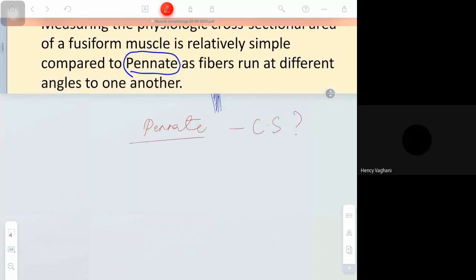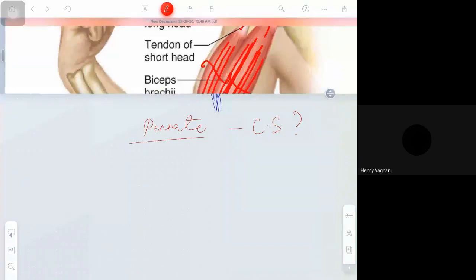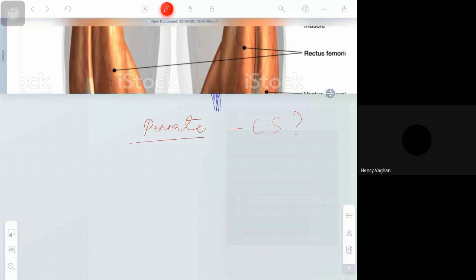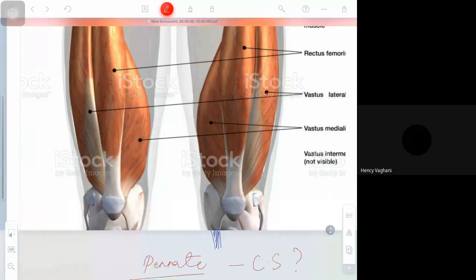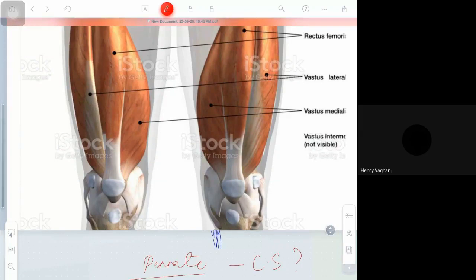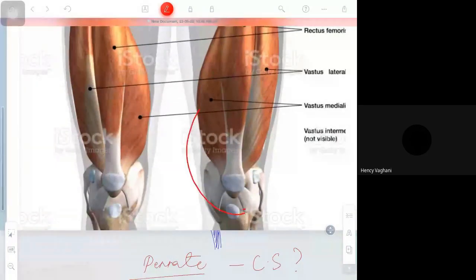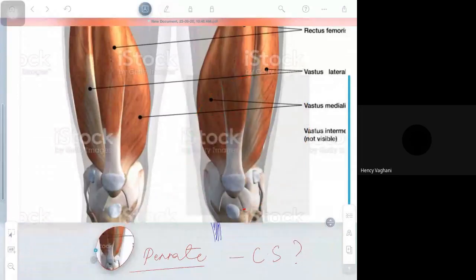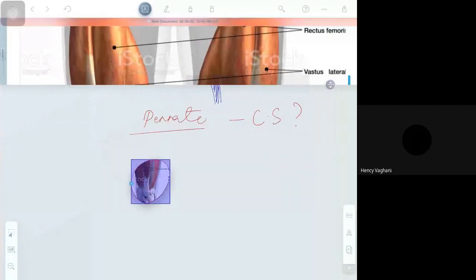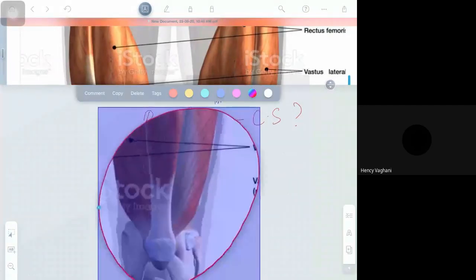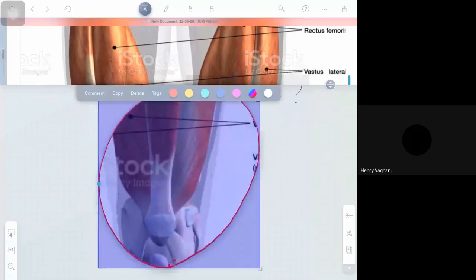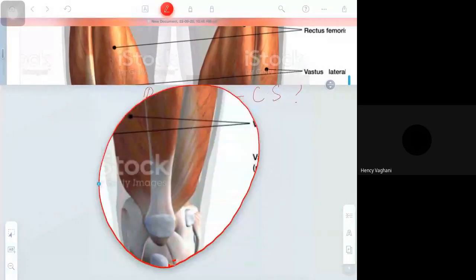That is, if you take the quadriceps muscle, you will not cut the muscle like this.